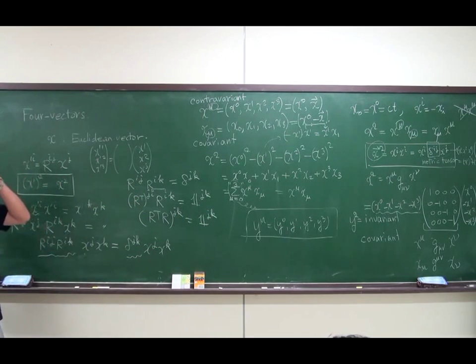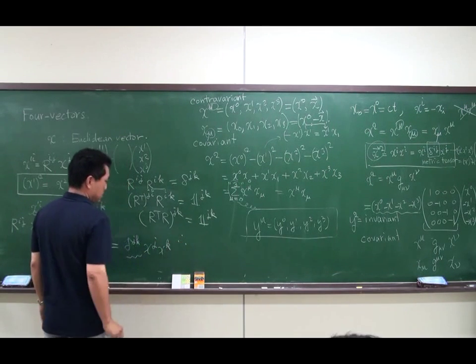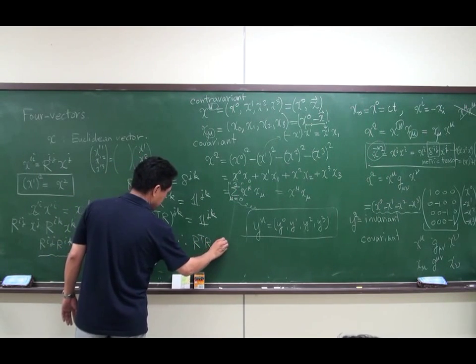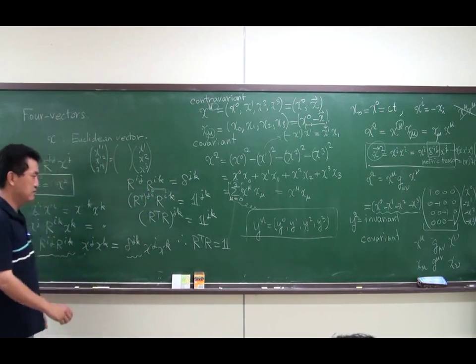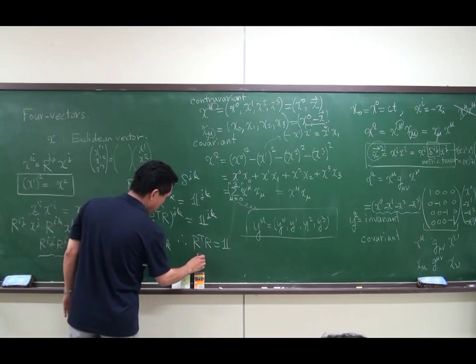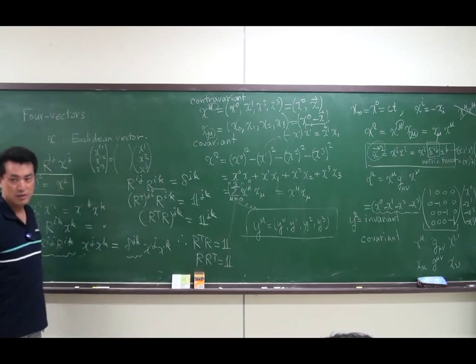This is true for any j and k, that gives R transpose R equals identity. In a similar way, we can prove that R R transpose is identity too. It's your homework.